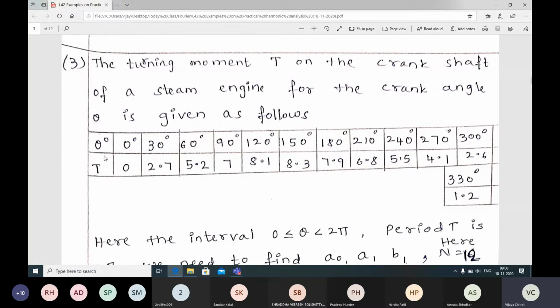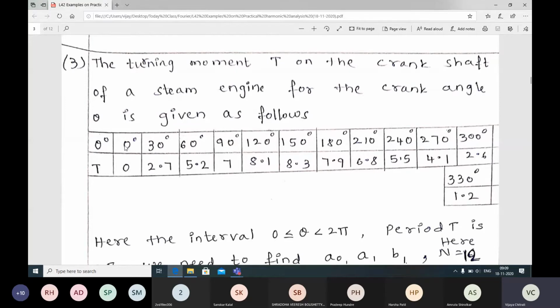In place of x and y here, they have given theta and capital T. Theta in degrees: 0, T is 0; 30 degrees, 2.7; 60 degrees, 5.2; 90 degrees, 7; 120 degrees, 8.1; 150 degrees, 8.3; 180 degrees, 7.9; 210 degrees, 6.8; 240 degrees, 5.5; 270 degrees, 4.1; 300 degrees, 2.6; and 330 degrees, 1.2.